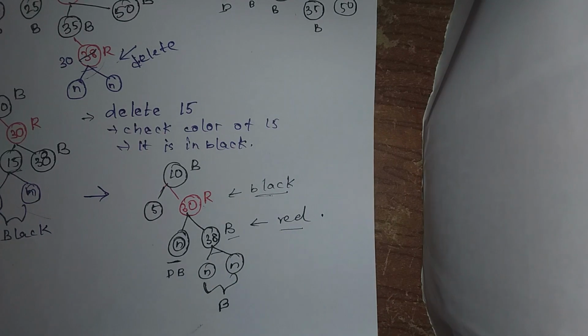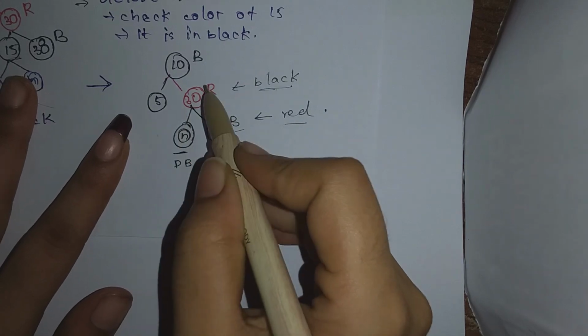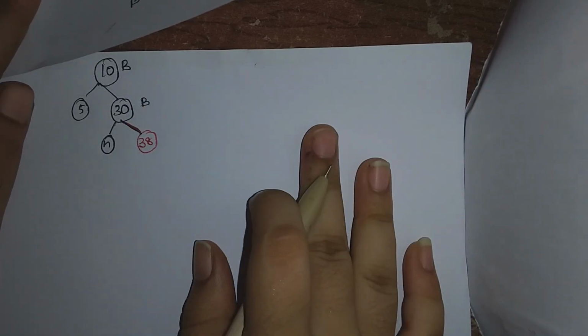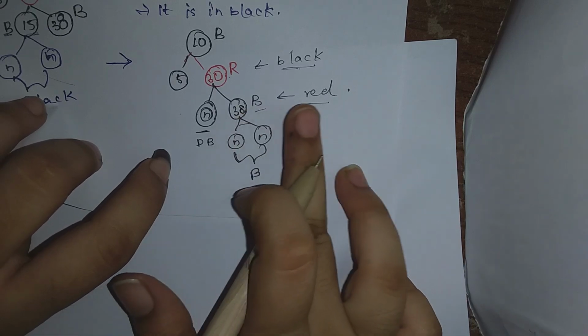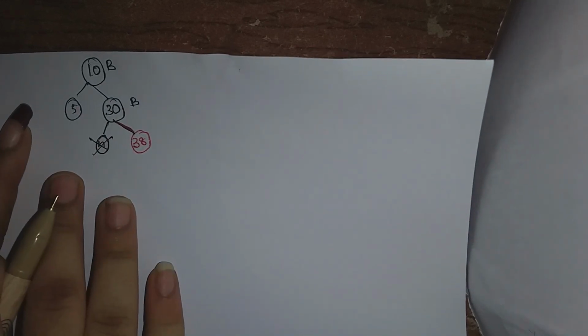Now consider this example after recoloring, and the final output is this. The red color of 30 changes to black and the black color of 38 changes to red. Now we can delete this single black nil node.